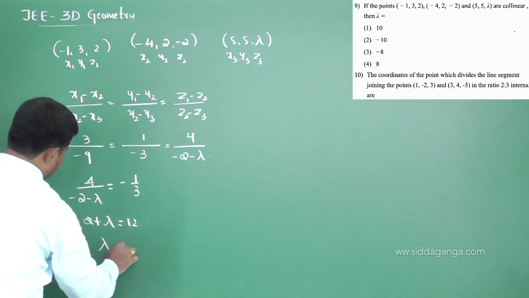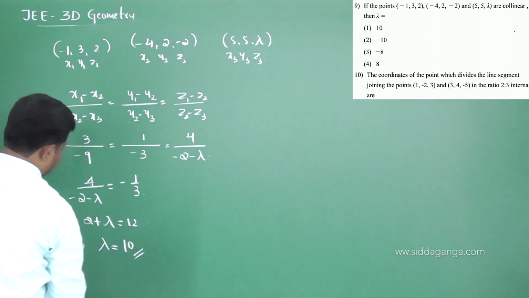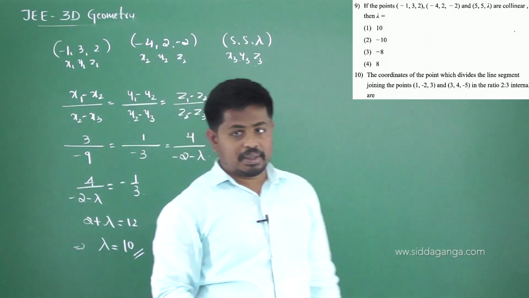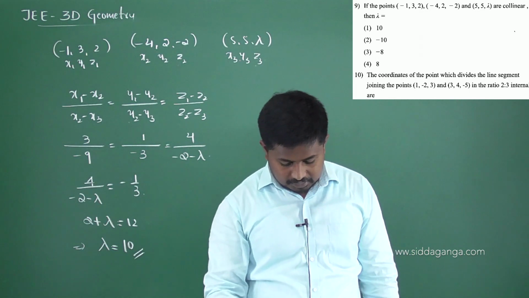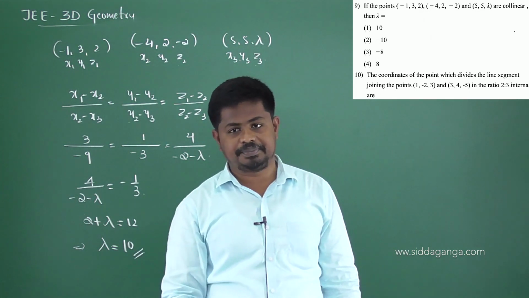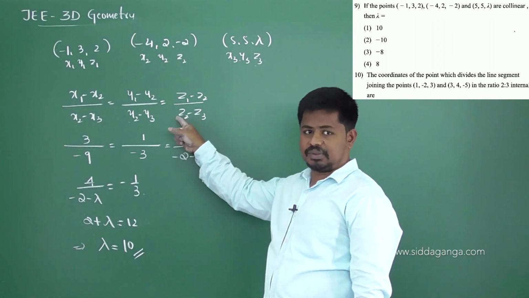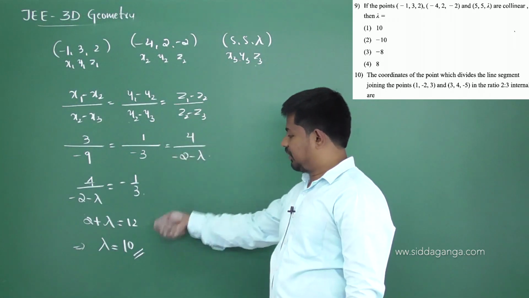This gives lambda is equal to 12 minus 2, that is 10. Only when lambda is 10 are the points collinear. So this is the result for collinearity of 3 points. By using this you can find lambda.